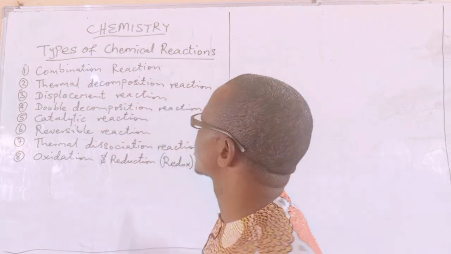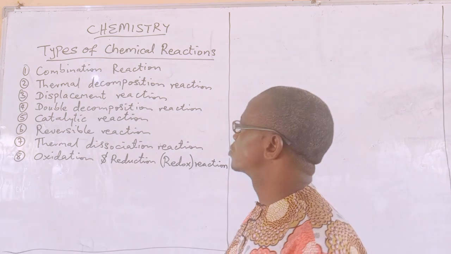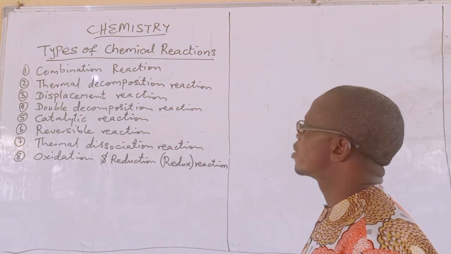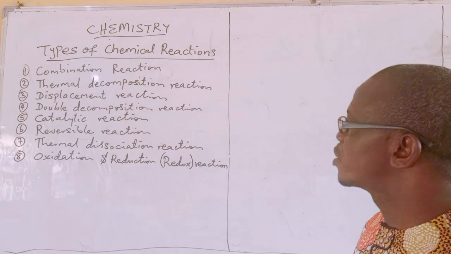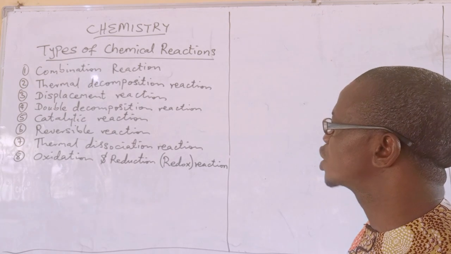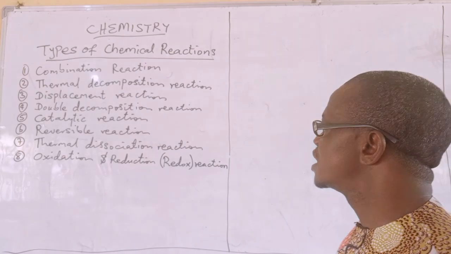Types of chemical reaction. 1, combination reaction. 2, thermal decomposition reaction. 3, displacement reaction. 4, decomposition or double decomposition reaction, sorry. Number 5, catalytic reaction.